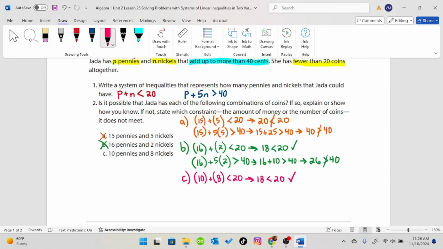Now we need to check the second. In the second constraint, we would have P, which is 10, plus 5 times N, which is 8, and that would need to be greater than 40. 5 times 8 is 40, and 10 plus 40 is 50, which is greater than 40, so it also solves the second constraint, and therefore C is a solution to this problem.